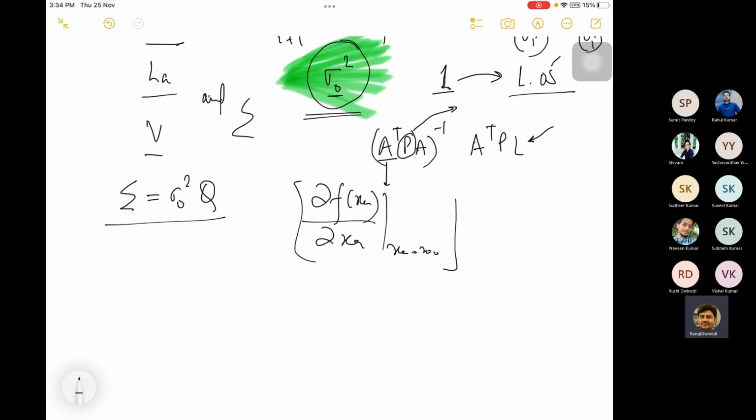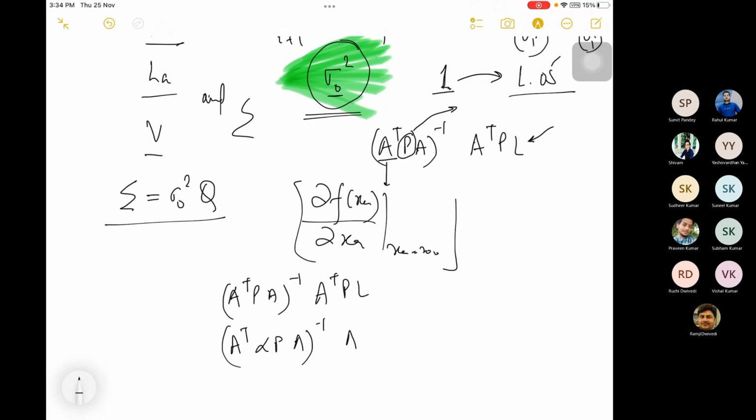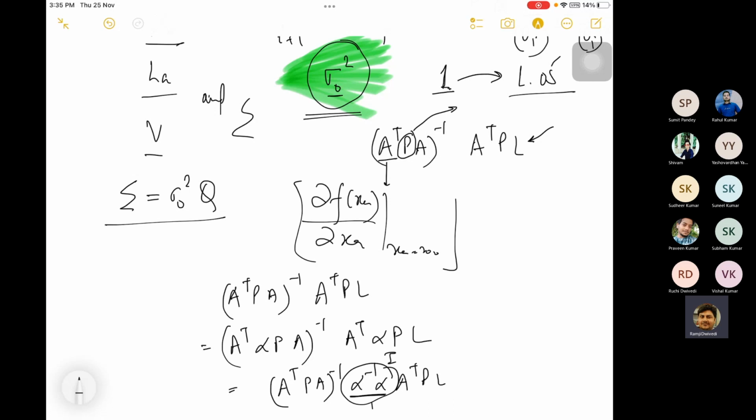So if you work like that, A^T P A inverse A^T P L, and you change this P to alpha P, we get (A^T alpha P A) inverse A^T alpha P L. Then you again rearrange, you see that (A^T P A) inverse alpha inverse alpha A^T P L. So again, alpha and alpha inverse give identity, because you have to replace in both positions, not only one position, and that helps you make it out that again (A^T P A) inverse and A^T P L will be there.